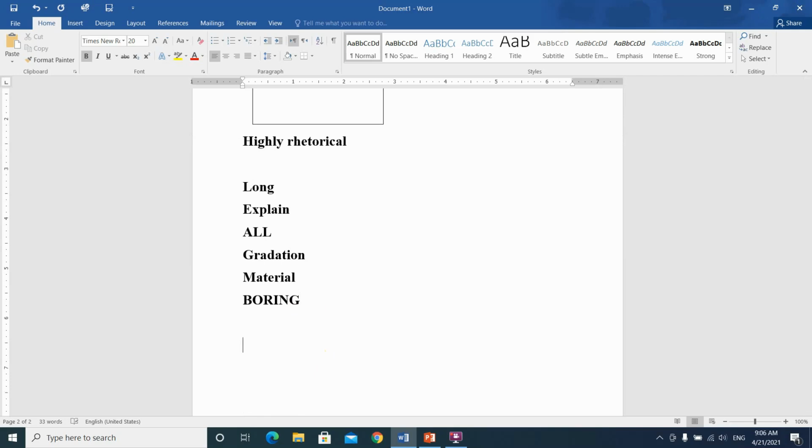What happens later is that, of course, when we say it is a rhetorical text, it has difficult vocabulary معناها, right? Difficult vocabulary.